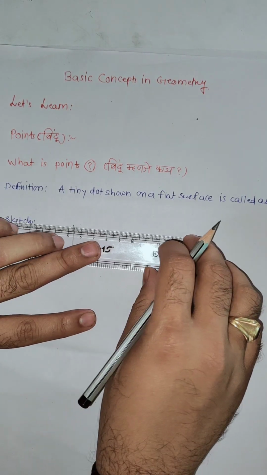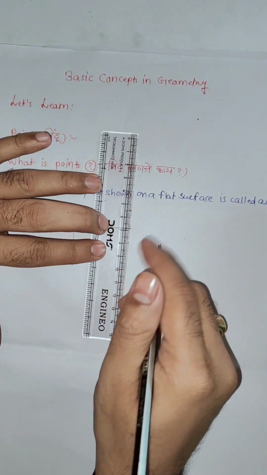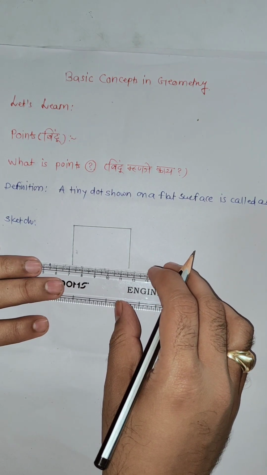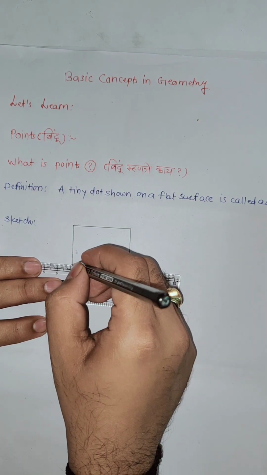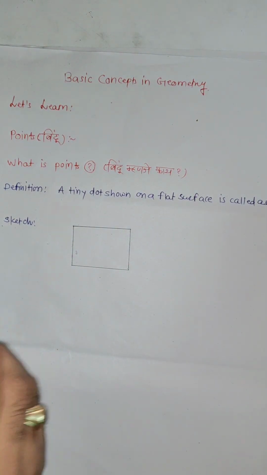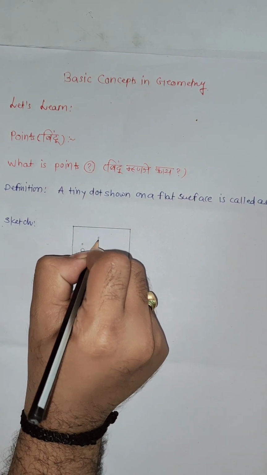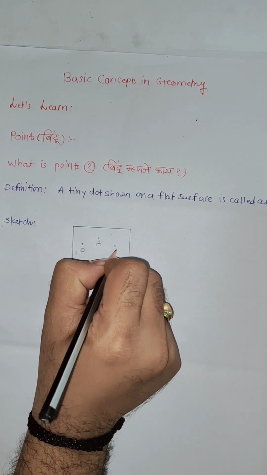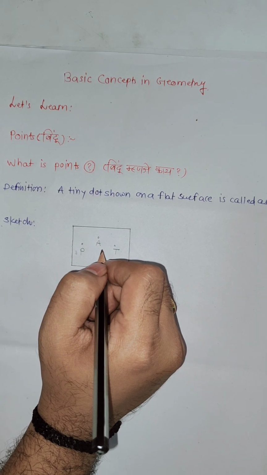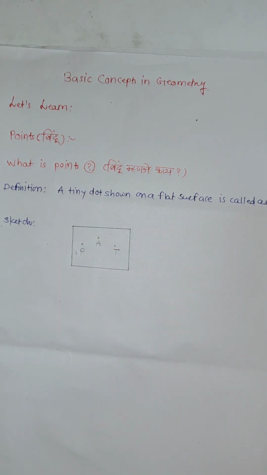Firstly, draw a flat surface. In that, we mark point A, point P, and point T. These are the locations of points. For example, the global positioning system also includes points.